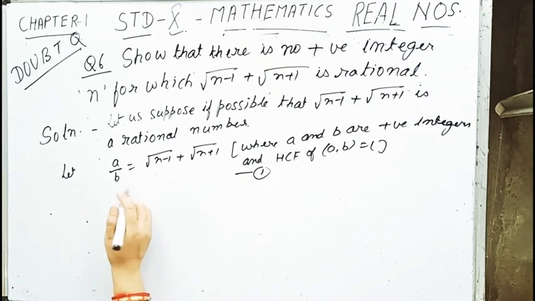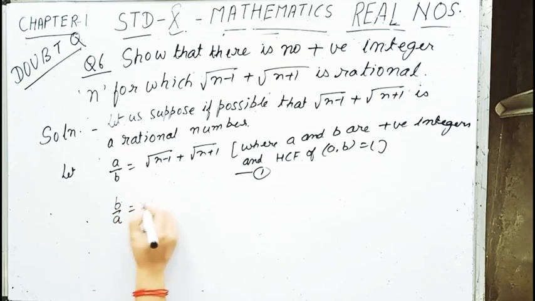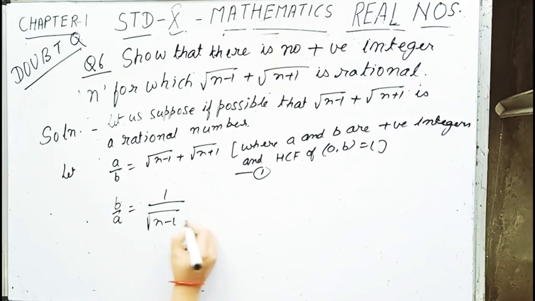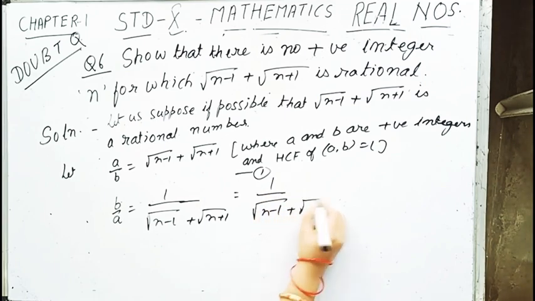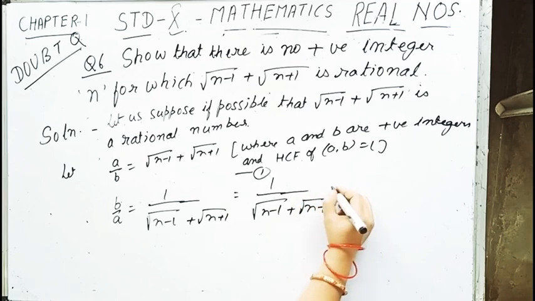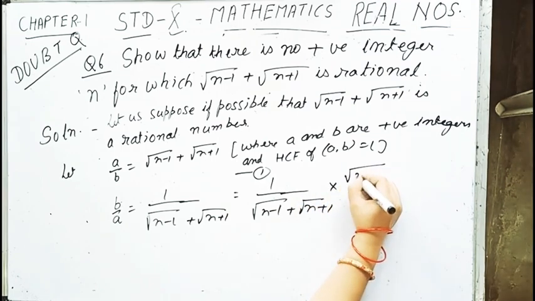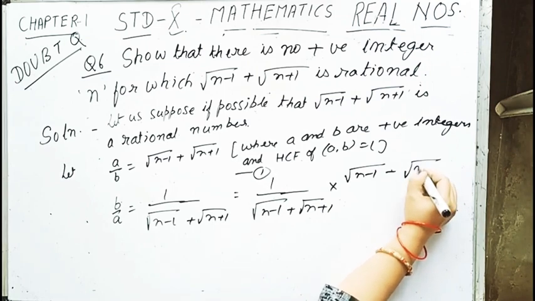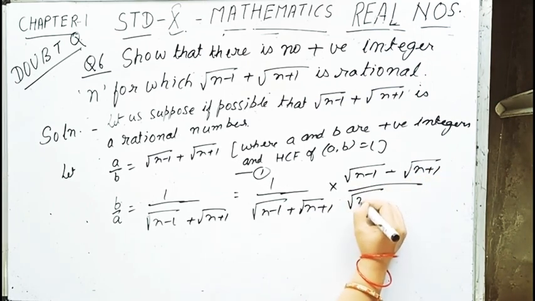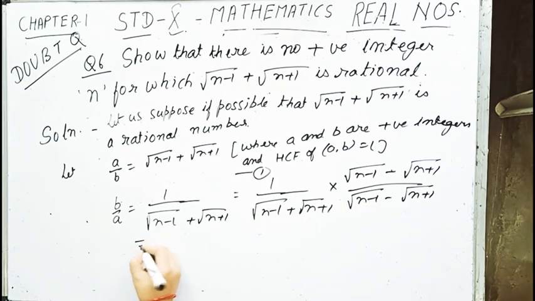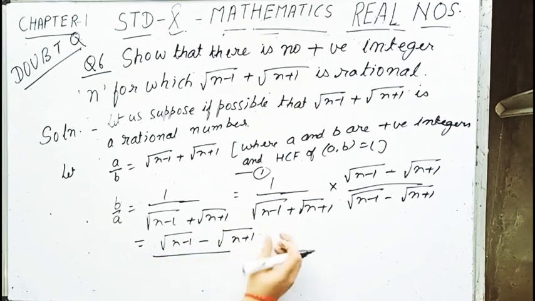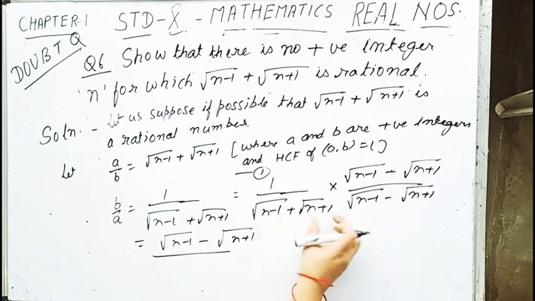Now, if a/b equals this, we can write b/a = 1/(√(n−1) + √(n+1)). Rationalizing, this is 1/(√(n−1) + √(n+1)) into (√(n−1) − √(n+1))/(√(n−1) − √(n+1)), which equals (√(n−1) − √(n+1)) divided by (a plus b)(a minus b), that is a square minus b square.